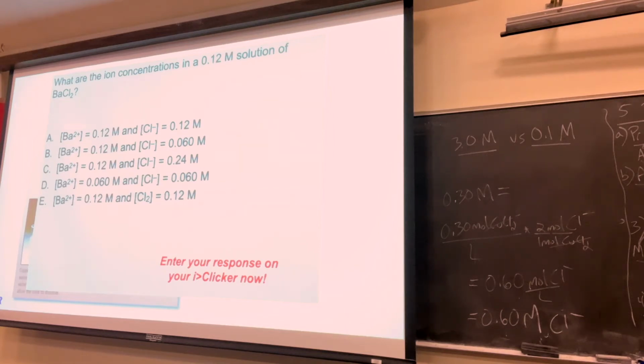So for every 1 barium chloride, how many chlorides are we going to have? 2. And if you have 0.12 moles barium chloride, how many moles of chloride will you have? 0.24. That's right, twice the barium. So just like you went from 1 to 2, 0.12 goes to 0.24.